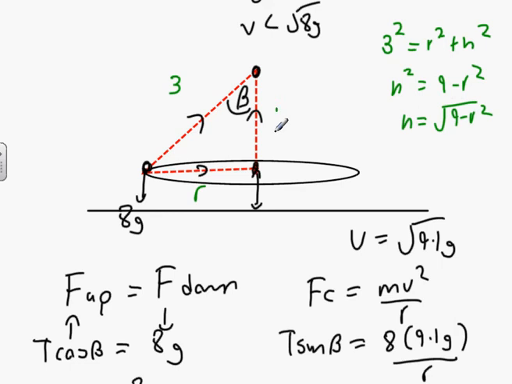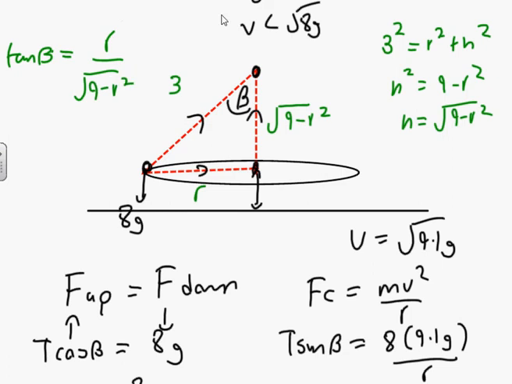Now, I should just use tan B, since it'll be easier. Tan B is going to be equal to r over root 9 minus r squared.